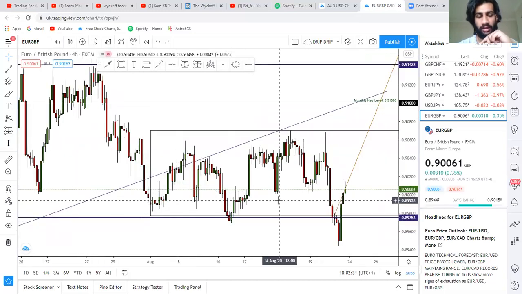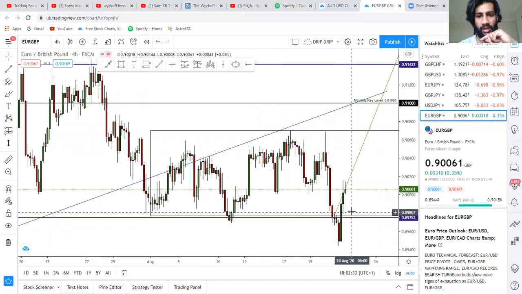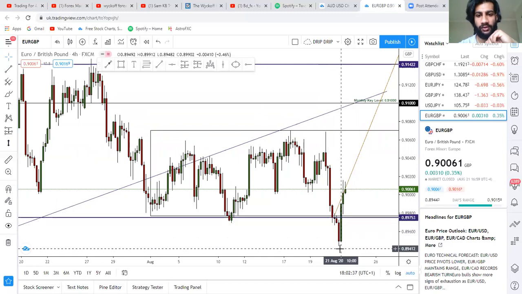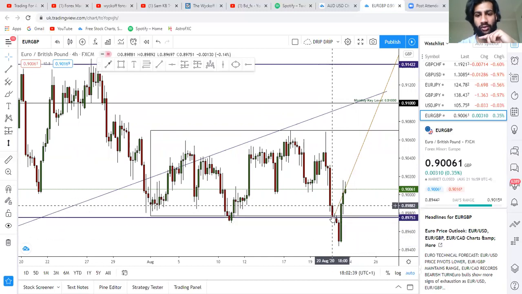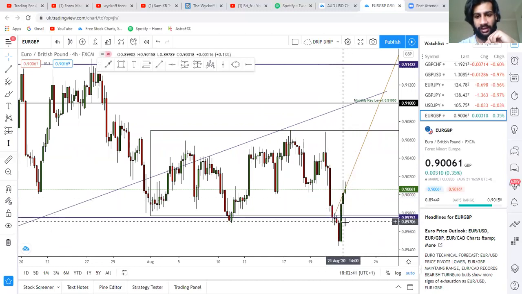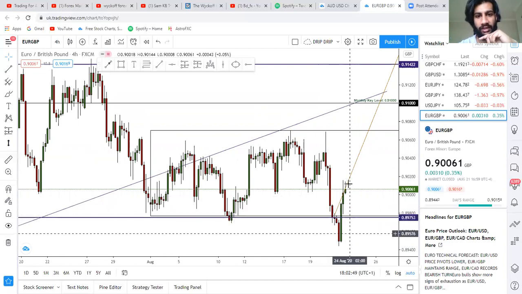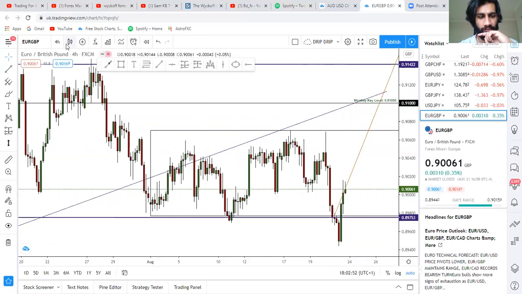You can also see a bit of manipulation going on over here: price made a few candles, and then within one bullish engulfing candle, bang, it's back in there. What I do want to see is price come lower, maybe retest this area one time, and then take it higher.